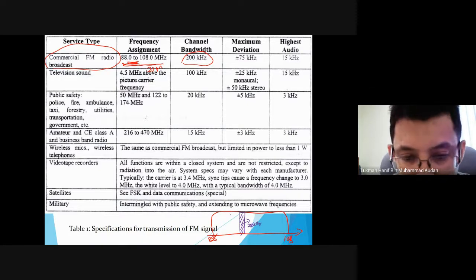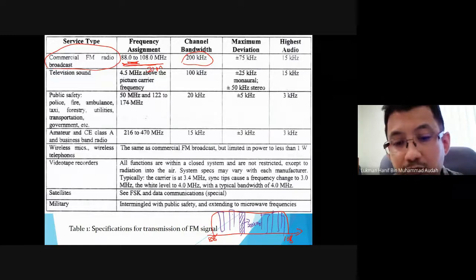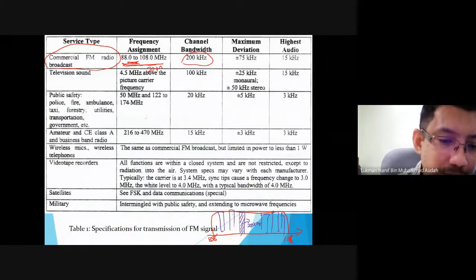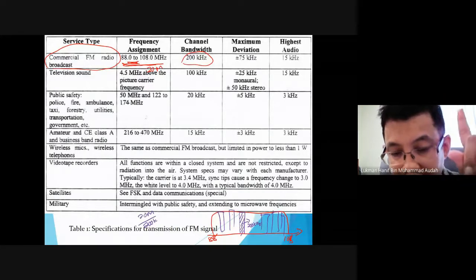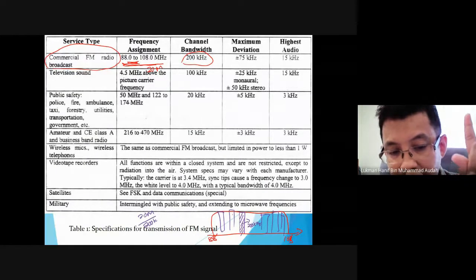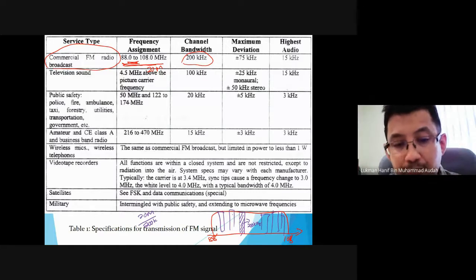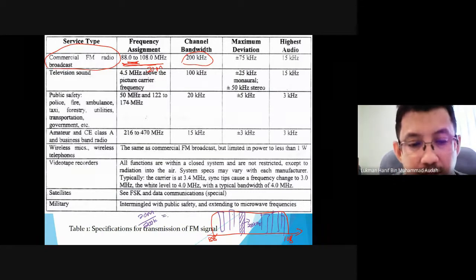Maknanya apa? Maknanya kita boleh ada banyak radio stations dalam ni. Nanti you akan lihat, kita boleh ada sehingga berapa banyak? We can have up to 20 mega divided by 200K for each radio channel. Satu radio channel, satu channel 200K, total ada 20 mega, so nanti you akan lihat bahawa 100 channels.